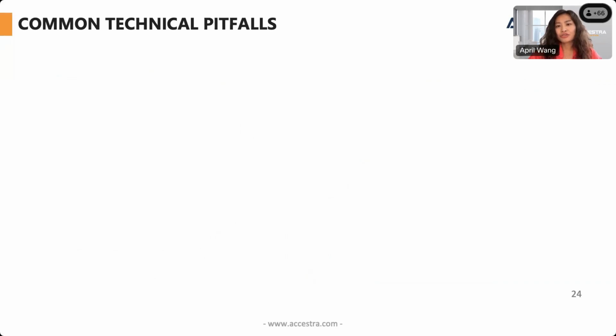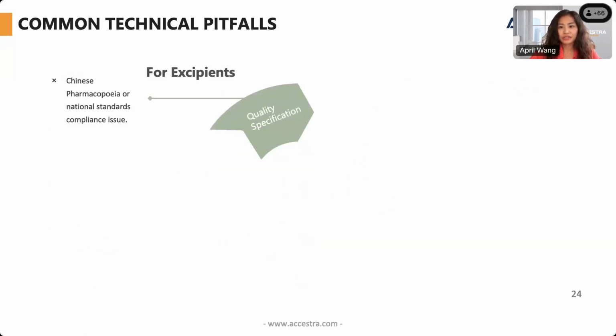And there are also some typical pitfalls regarding excipients and packaging materials. For excipients, most issues are also related to the three parts I just mentioned about APIs. First, the quality specification, especially safety-wise, is more relaxed than Chinese pharmacopoeia or national standards.